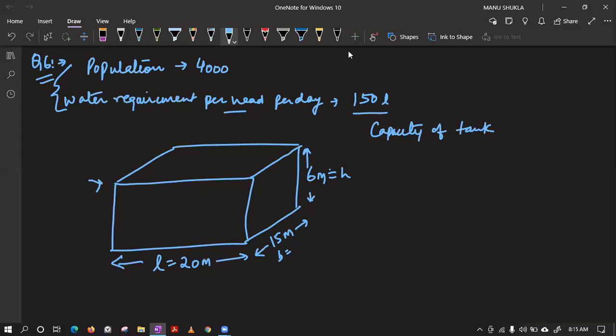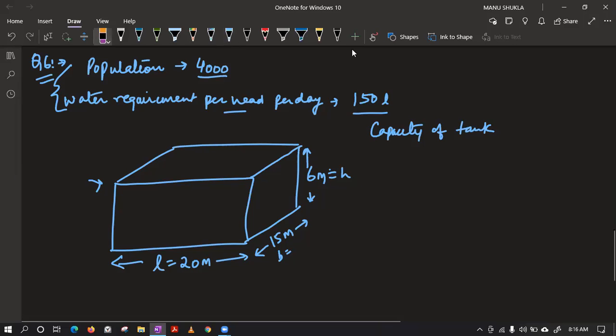Anyone? Capacity is equal to number of days multiplied with water per day. Okay. Big upon small. Utkarsh, okay, good. Number of days multiplied with water per day. Okay. So we can say first we can find, the population is 4,000, so you can find for per day.